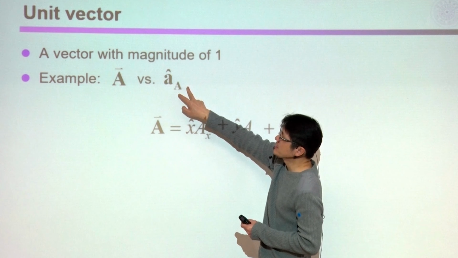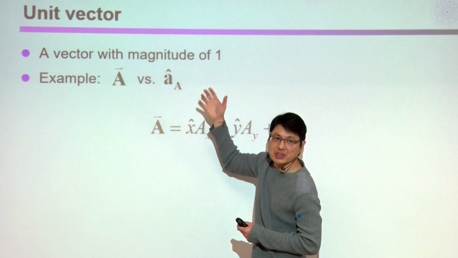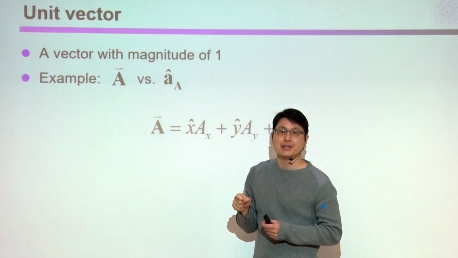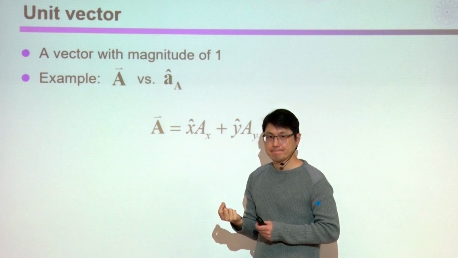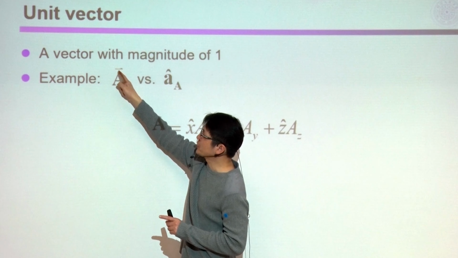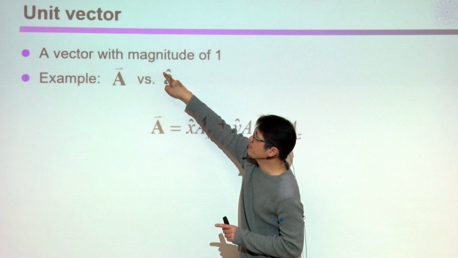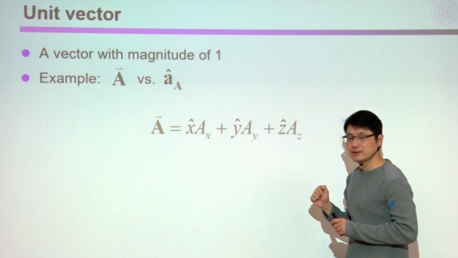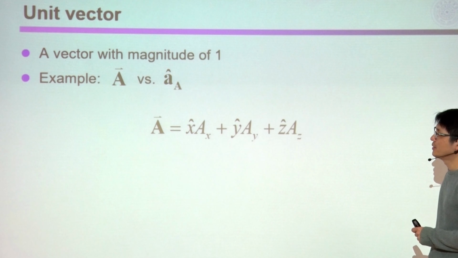And my tendency is, if you see some kind of vector-like stuff but having a hat, it means a unit vector. Okay? Is that clear? So if you have a vector, I like to have this arrow. If I have a unit vector, I like to add this hat. Okay? A reversed triangle. Okay.